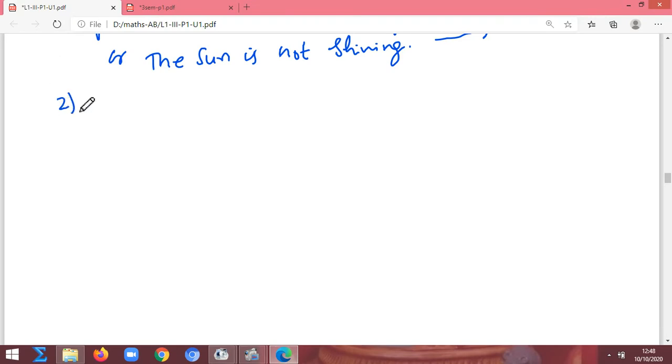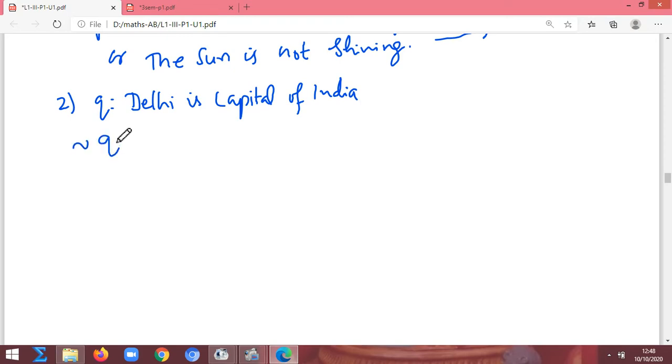So example 2. Let Q be a statement, Delhi is capital of India. So what about its negation?